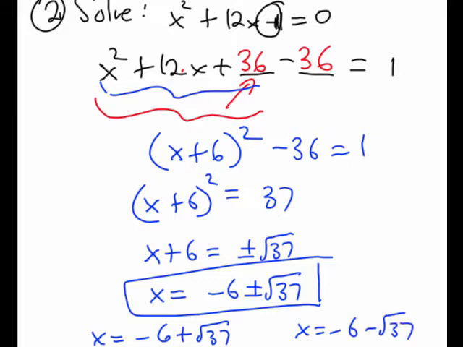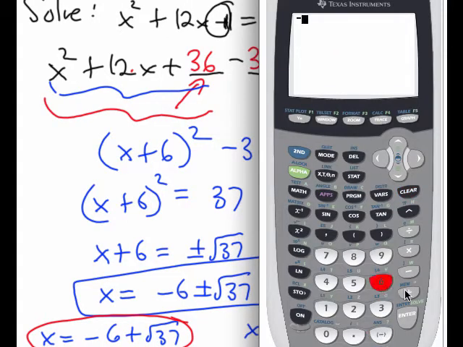Okay, and just because these are kind of obscure numbers, let's check one of them just to show you that this actually does work. I'm just going to type this number into my calculator. So we have -6 plus the square root of 37. The decimal for that is as shown, and I'm just going to store that, STO button down here on the lower left, store that in my x variable.